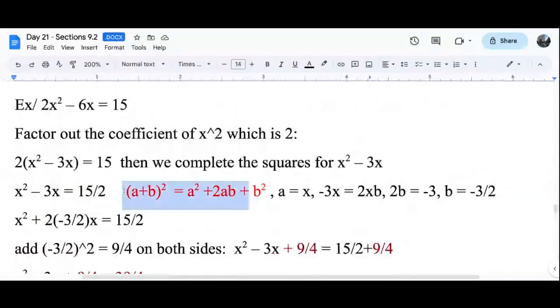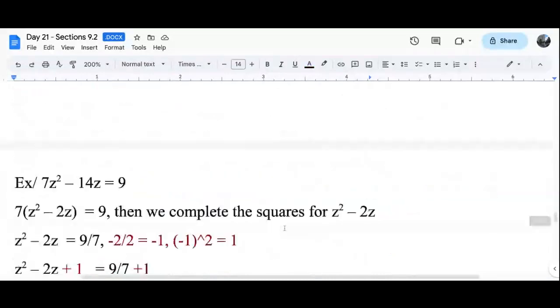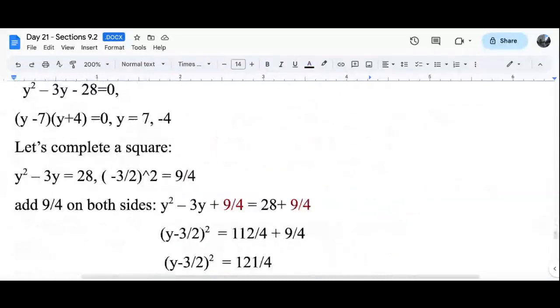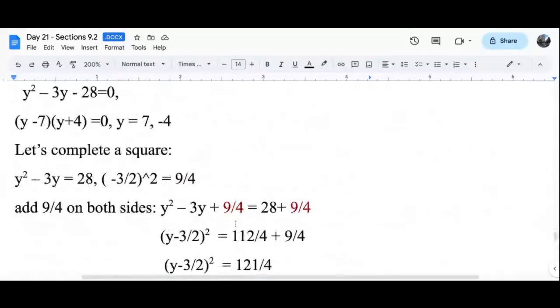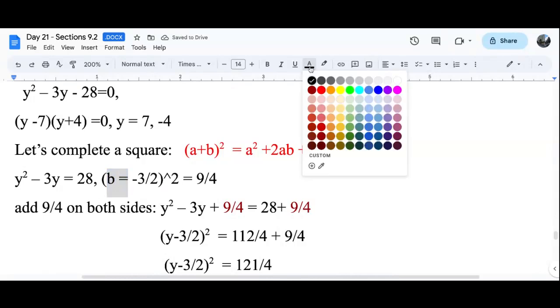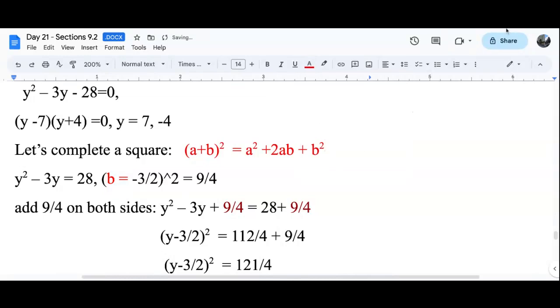It's all from saying, okay, what is b here? It's all about figuring out the b.